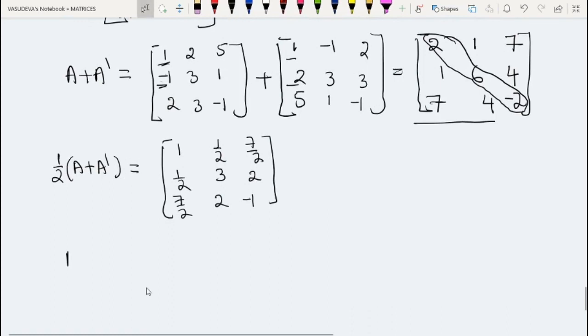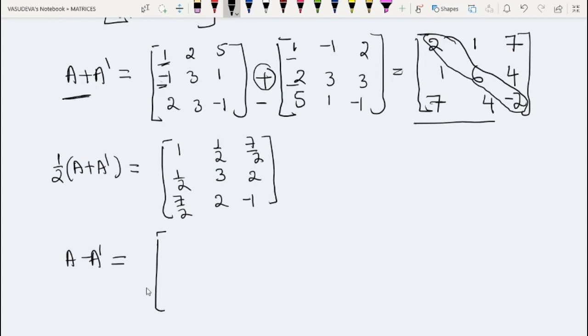Now considering A minus A dash. Here, instead of plus, let's take minus itself. Now let us write the result directly.